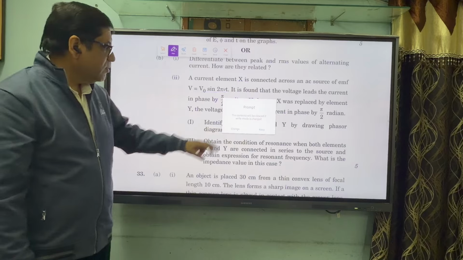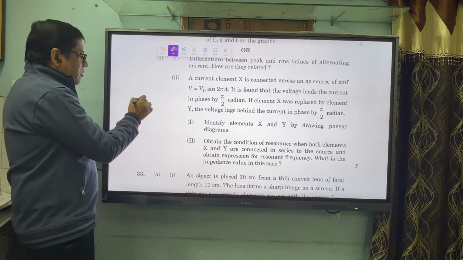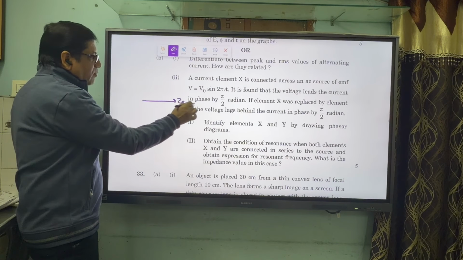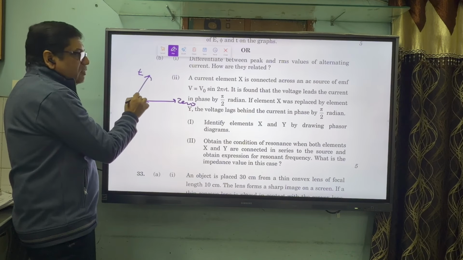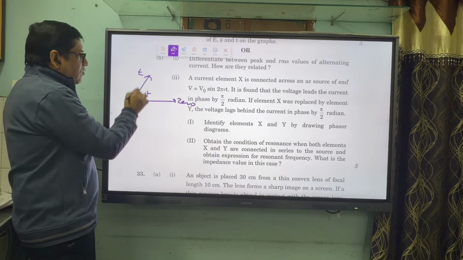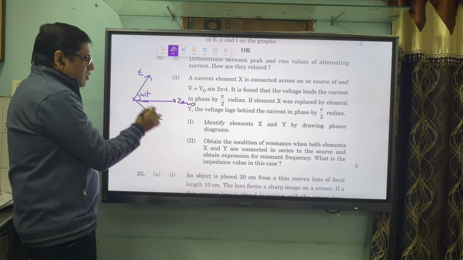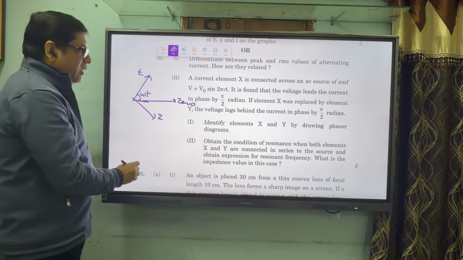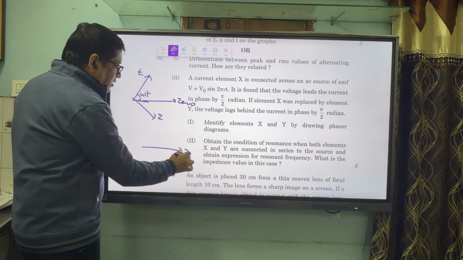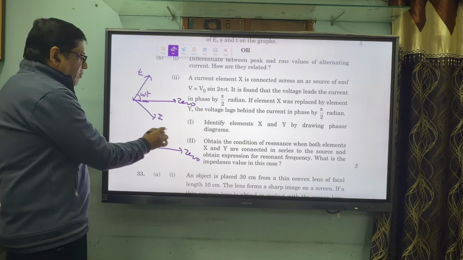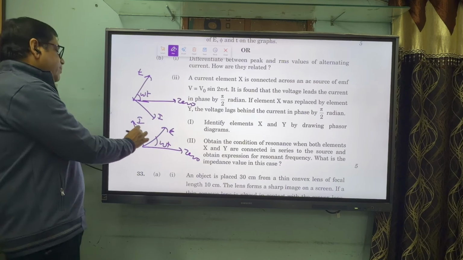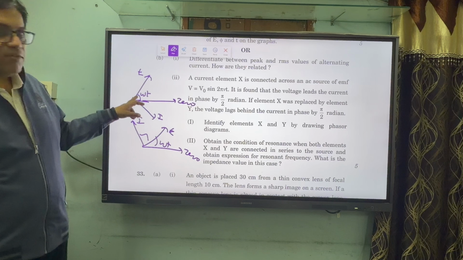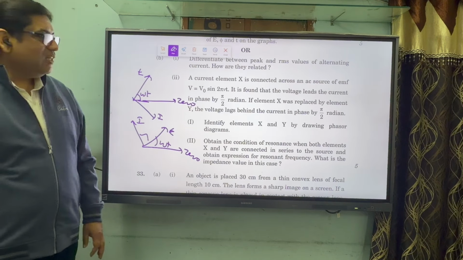Phasor diagram for X, for inductor: that is the zero phase line, this is the phase of EMF, omega t, and current 90 degree पीछे. In case of capacitor, zero phase line, this is EMF, omega t, and current 90 degree आगे चल रहा है. This is the phasor diagram for inductor. This is the phasor diagram for capacitor.